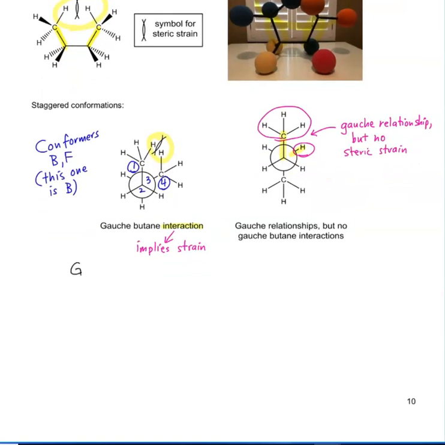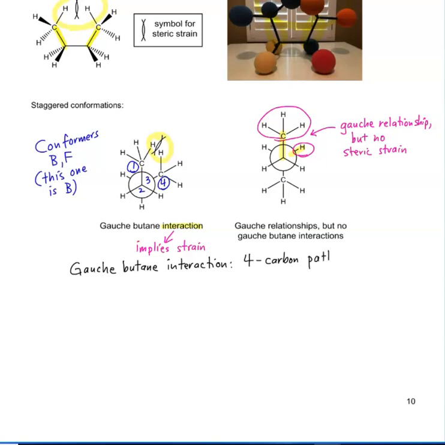So a Gauche-butane interaction, let's give a little more of a definition to that. A Gauche-butane interaction is something that you can find in a lot of different molecules. It doesn't just happen in butane, but butane is the simplest molecule where it happens, and so we name this particular interaction after butane. A Gauche-butane interaction involves a 4-carbon pattern, just like you see in butane, where the first and the fourth carbons are gauche to each other.